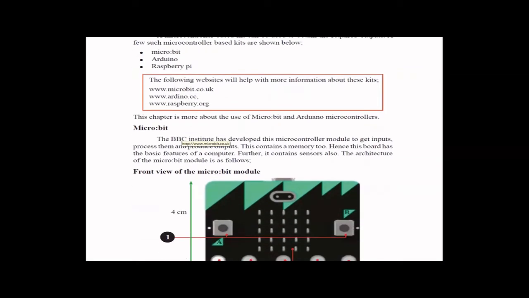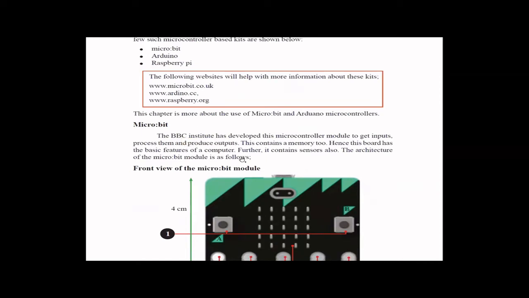So in this chapter, we are basically talking about micro:bits and Arduino microcontrollers. They have explained some, right? The micro:bit was developed by the BBC, right? You can do a lot of things. It actually has a module to get inputs, process them, and output them.